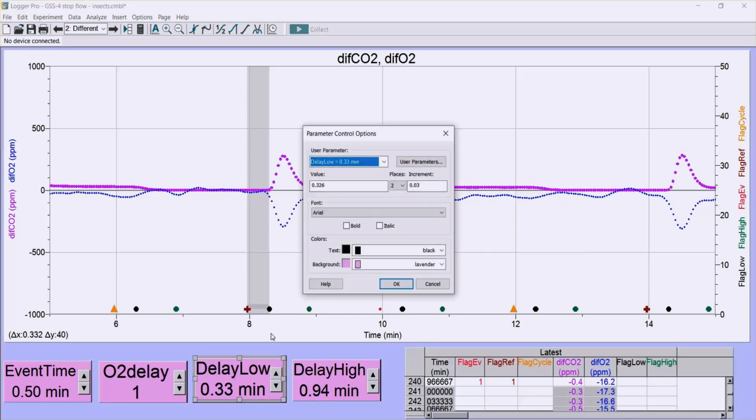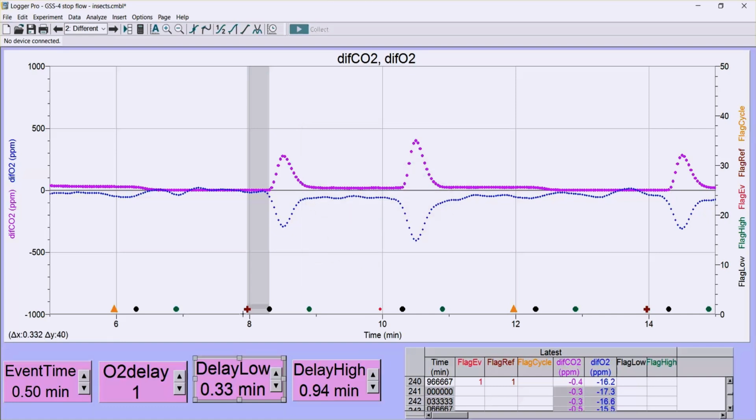So we already have this entered here as 0.332. Click OK, and the black symbol represents where that starting point is, and it'll move into position once you've entered this number.